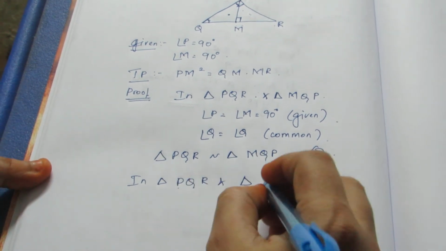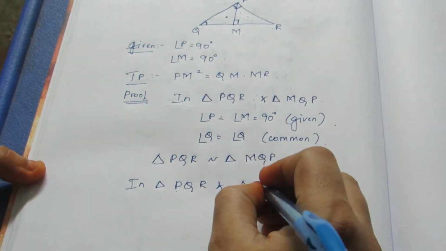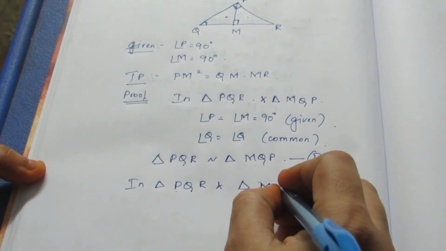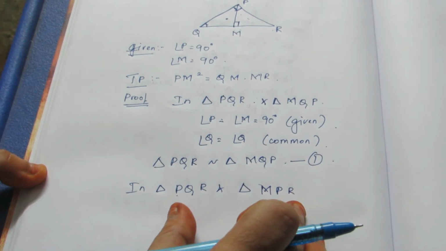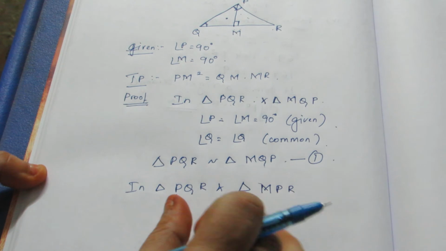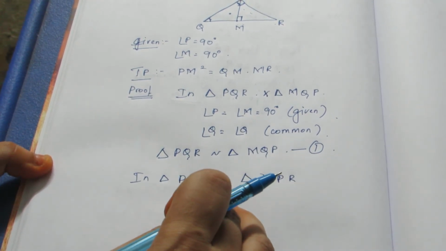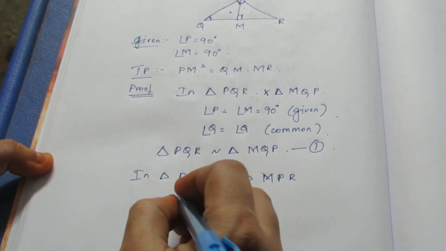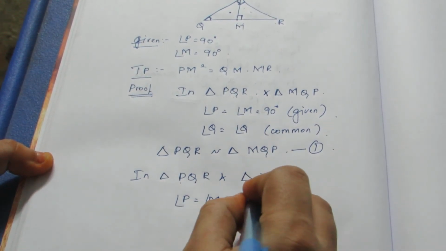P is 90 degree, so we need to start with the 90 degree. I am taking the second triangle, this triangle, MPR, because R is common in both. We need to check whether the two triangles are similar by checking that the angles are equal. So P is equal to M, R is equal to R. Now we know that angle P is equal to angle M, which is equal to 90 degree.